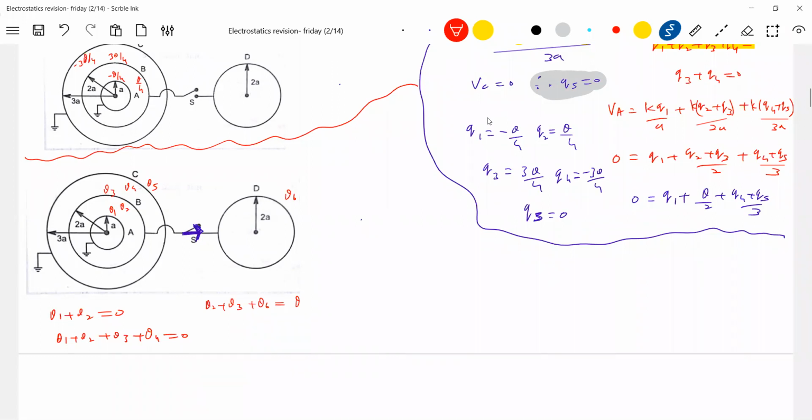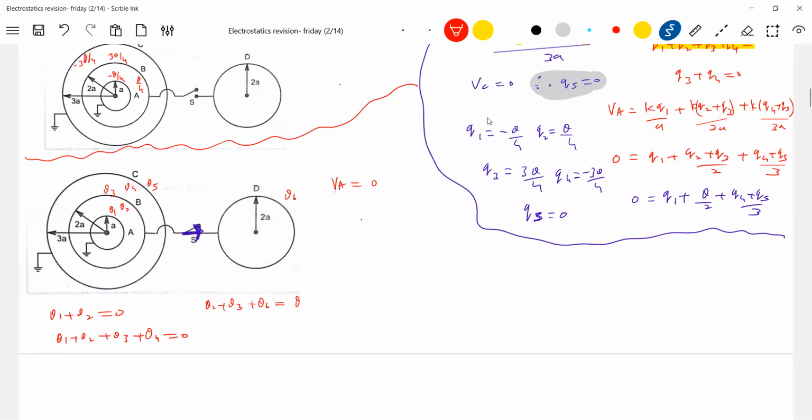And the potential of shells A and C is equal to 0. And the potential of shells A and B is equal to shell D. So first we'll write the equations now. Potential of shell A is 0.